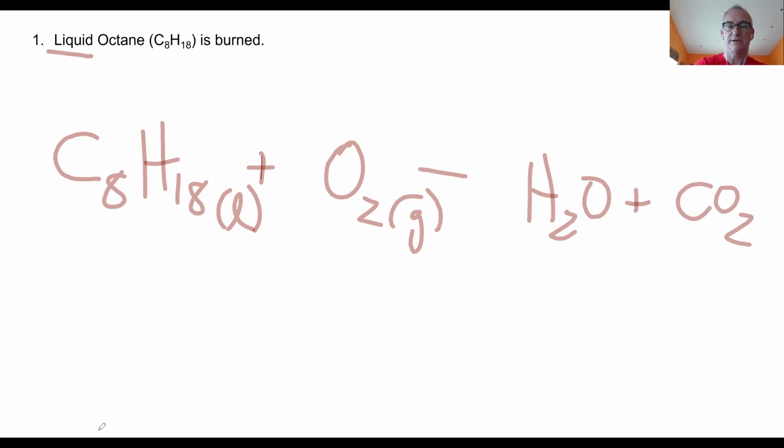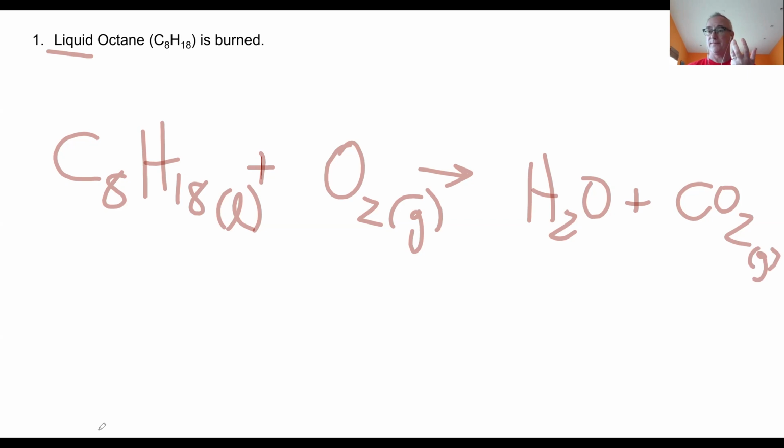So we need to put the states of our products. Now, this is a little bit tricky for water. It's not that difficult for CO2. What physical state would CO2 be in? Solid, liquid, gas? Gas. That would be a gas.